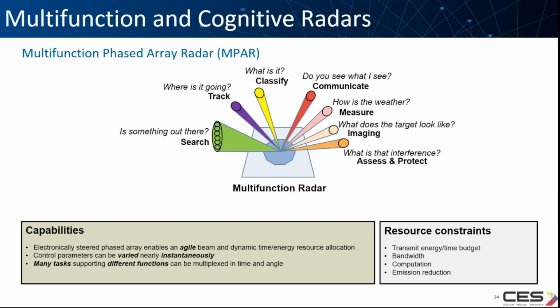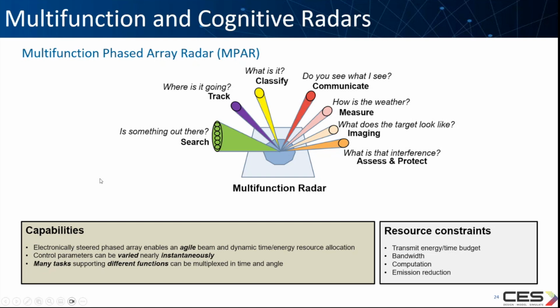Radar engineers came up with the idea of combining all these different tasks, and they came up with the multifunction radar concept. A multifunction radar is a radar that can perform multiple tasks at the same time. And hence, we need a resource manager. That's why every time you see a multifunction radar, it will have a resource manager block.